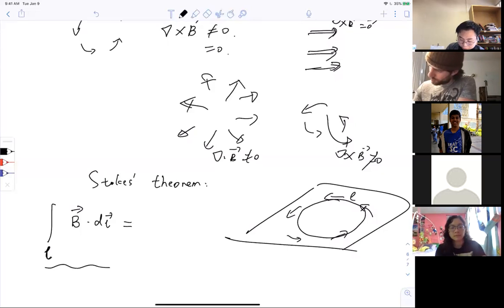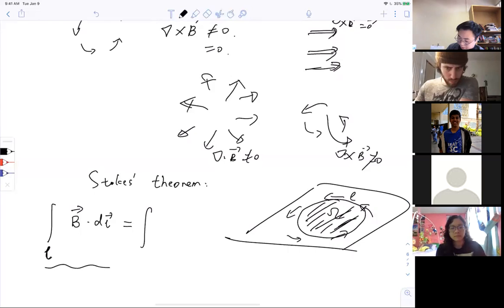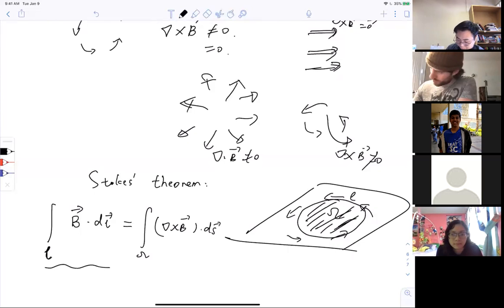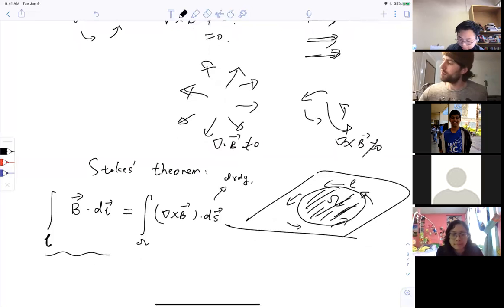This equals, I call this omega, omega dot ds, or yeah, ds. ds is dx dy, and the direction is the normal direction of this region.